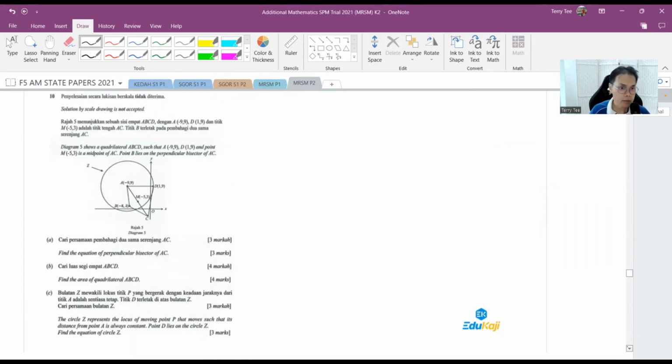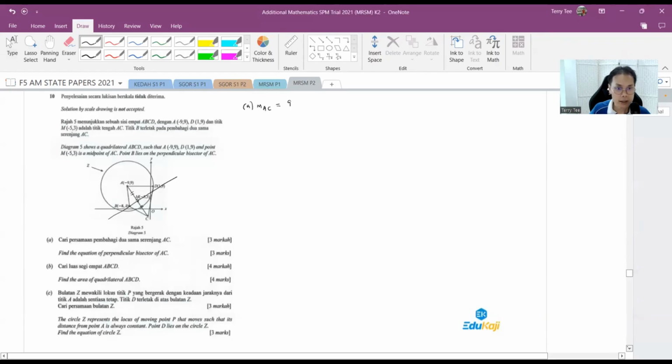So if this is a perpendicular bisector, M is a midpoint and B lies on the perpendicular bisector. We know a perpendicular bisector must divide this into two equal halves, and in this case, this line passes through point B. So to find the equation of the perpendicular bisector of AC, you need to find the gradient of AC. We can use y2 minus y1 to find the gradient.